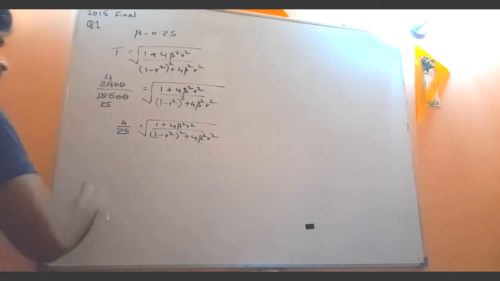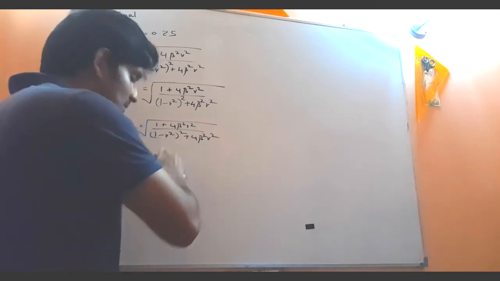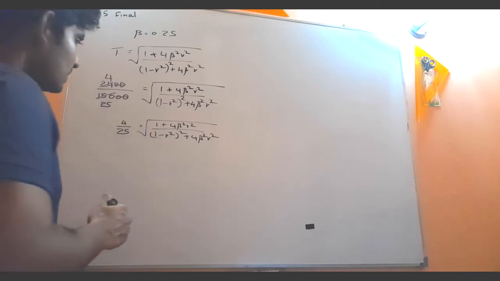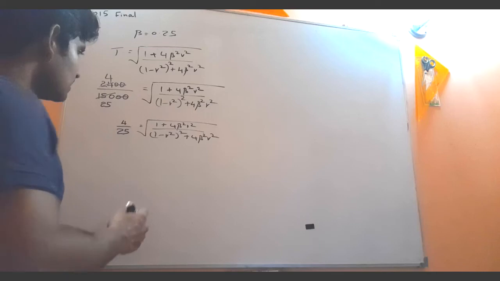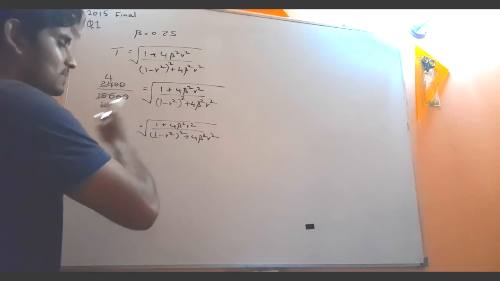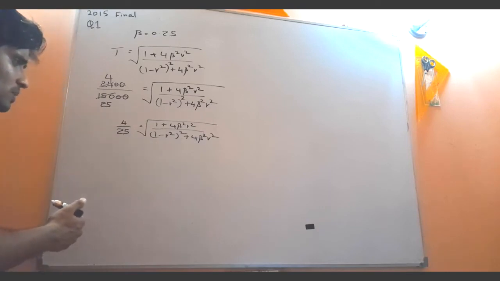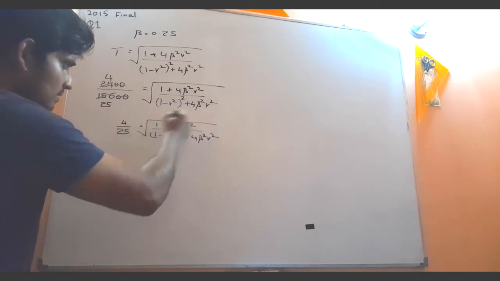Now after this point, what is the way of solving this type of problem? In the previous part also I told you that the better way to solve this is by squaring both sides. You have to square this side as well as this side. The reason is that if you square both sides, you can eliminate the square root part.